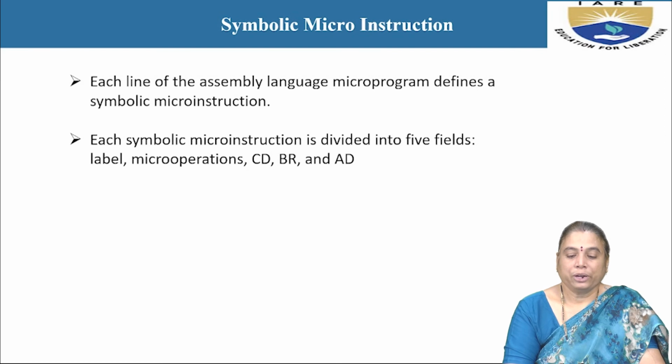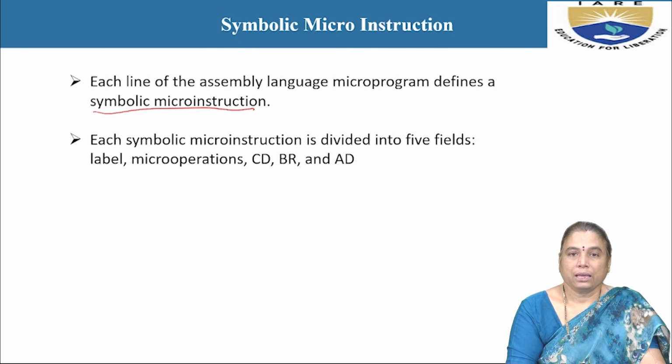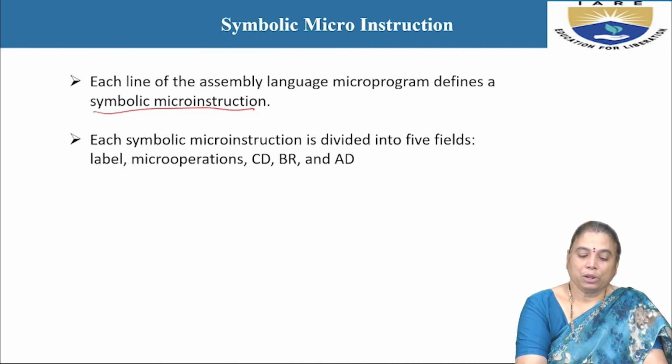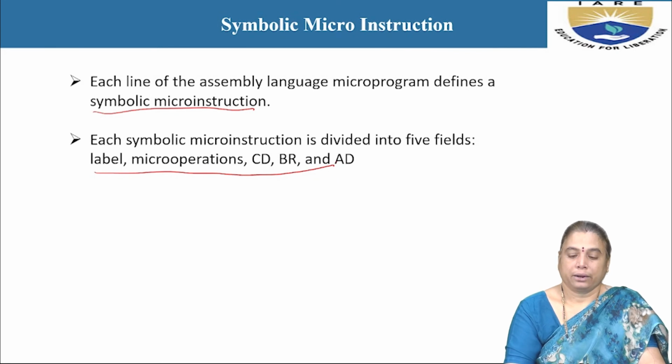And we have to look into what is a symbolic micro instruction. So each line of an assembly language microprogram defines a symbolic micro instruction. So here we have 5 fields to specify the micro instruction: the label, the micro operation, CD, BR, and the address.